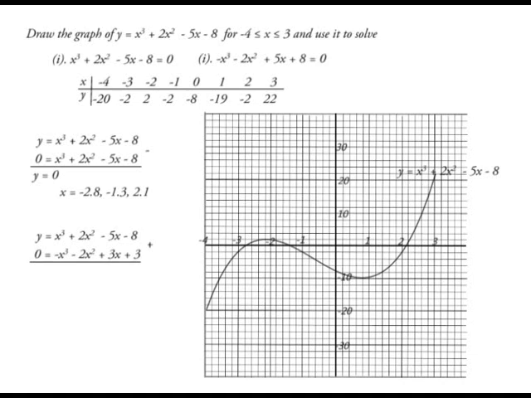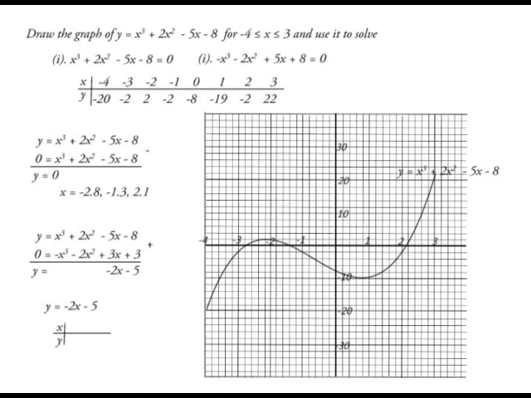So we add: y + 0 is y, and then x³ + -x³ is 0. 2x² + -2x² is 0. -5x + 3x is -2x, and then -8 + 3 will give us -5. So then we have the equation y = -2x - 5.